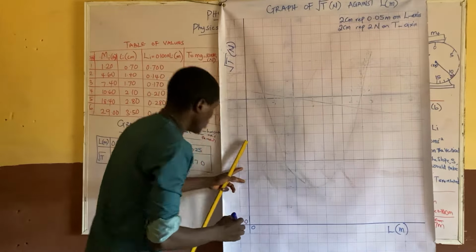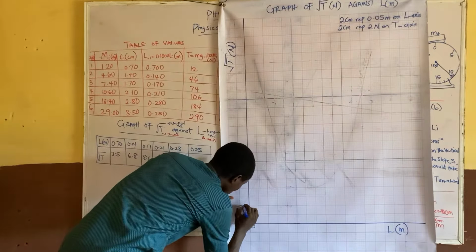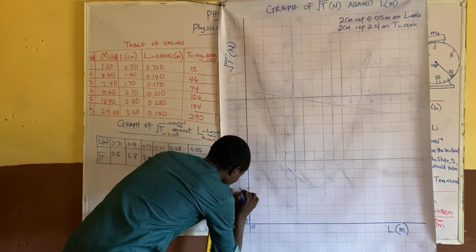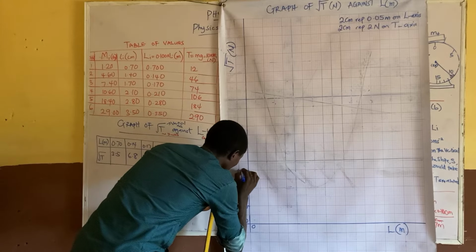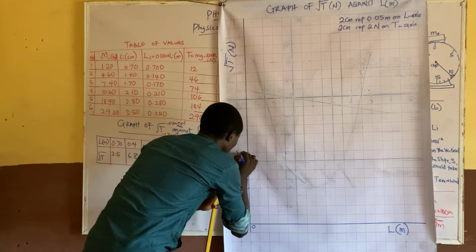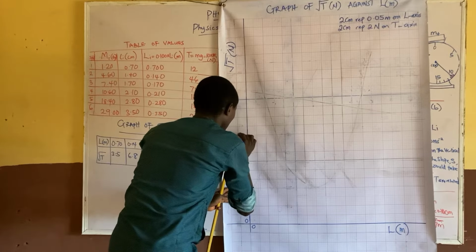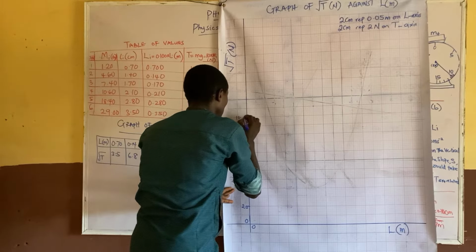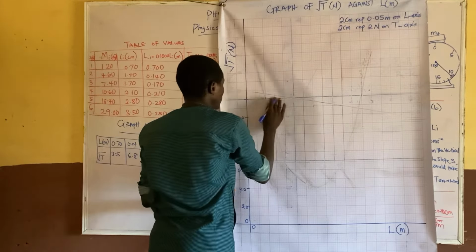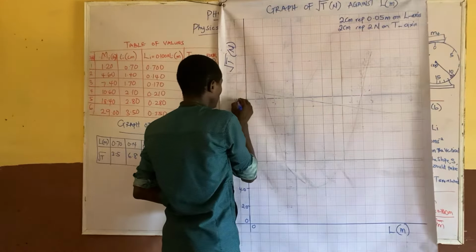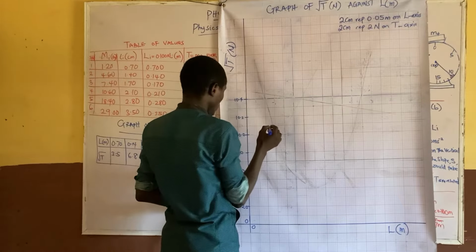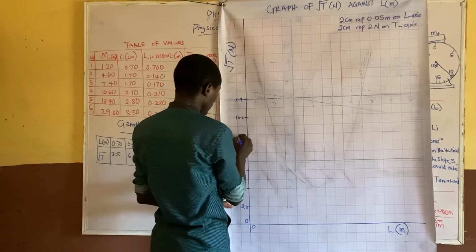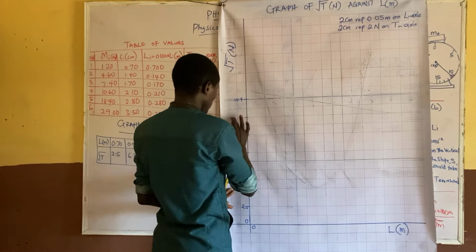Since I use 2 centimeter to represent 2, this one is 2.0, 4.0, 6.0, 8.0, 10.0, 12.0. Sorry for that, this is supposed to be 10.0, 12.0.